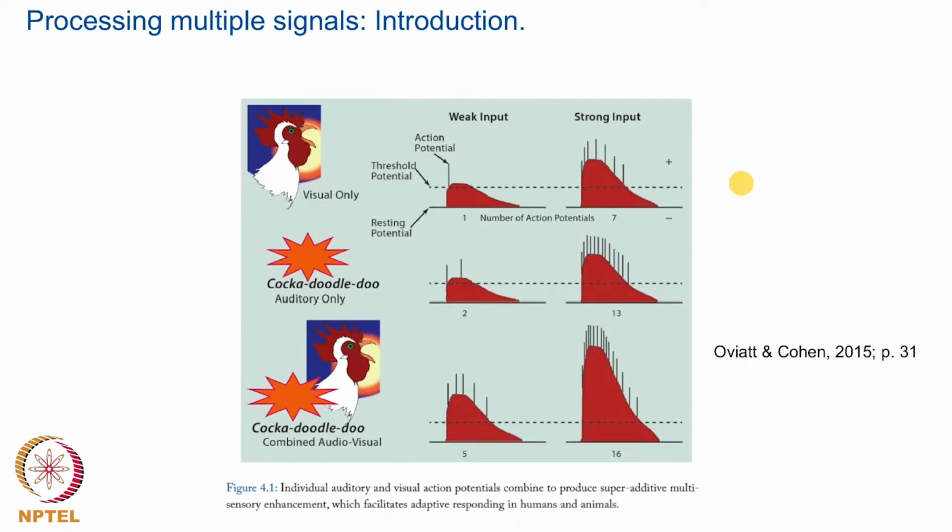You can see the weak input, if it's not that strong in intensity, just reaching a threshold without any neural spikes sent from these cells. With a strong stimulation, we have the neural spikes which are triggered. The same holds for the auditory modality. Also here there's a weak input with just a few spikes and a strong input with a lot of spikes.